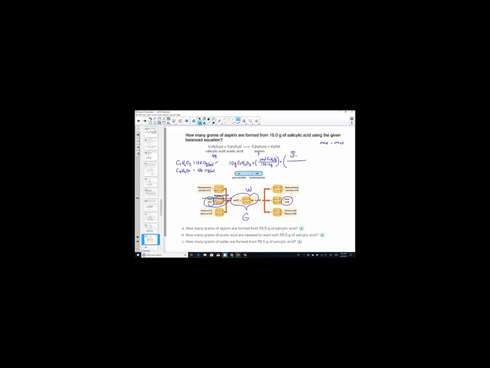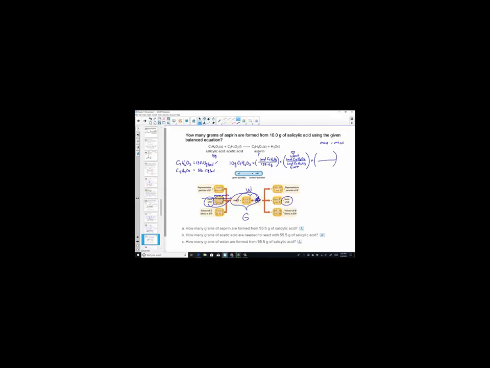What is it that we want from the given, using coefficients as our conversion factors? Well, this was nice. 1 mole of aspirin is equivalent to 1 mole of salicylic acid. Couldn't be any nicer than a 1-to-1 mole ratio. That brought us from here to here.